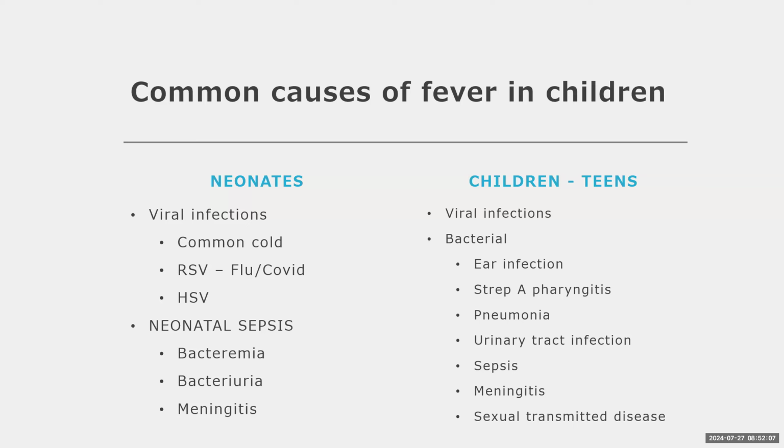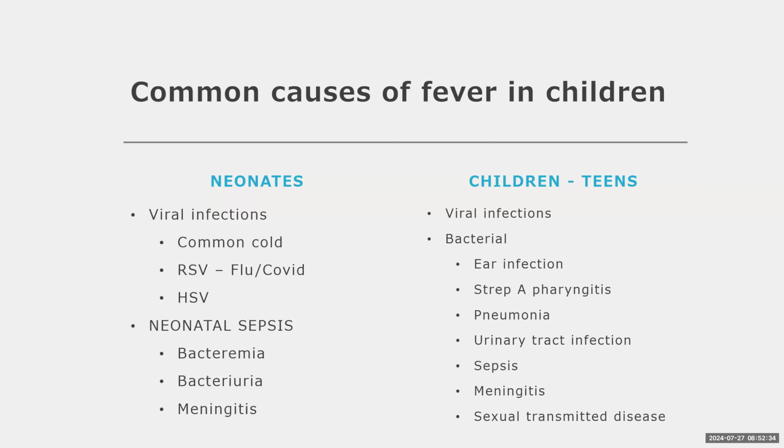In the neonatal period, sepsis is a higher risk compared to children and teens because they are just born, and they can acquire the infection on their way out or in utero. So we usually have a little bit higher index of suspicion for these kinds of infections in neonates.